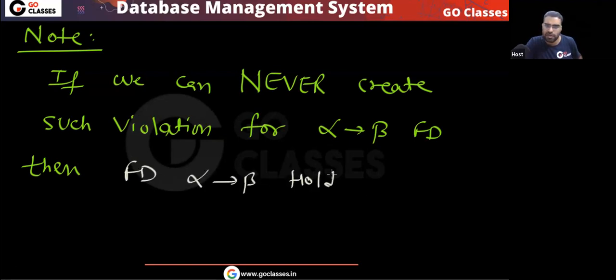Is this clear? Let me know. Remember, if you can never create such a violation, it means that this functional dependency holds.